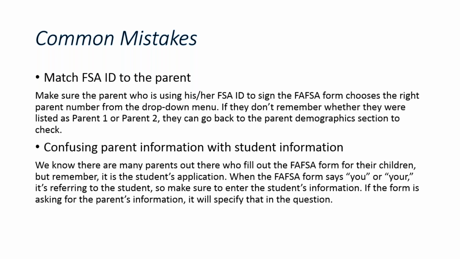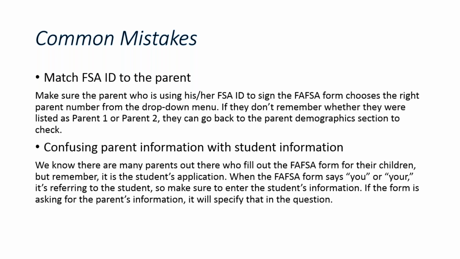Okay, so match the FSA ID to the parent. So the parent who's using the FSA ID, because only one parent has to have that, make sure that they are selecting the correct one from the drop-down as far as when to sign it. If they don't remember which parent was listed as parent 1 or parent 2, you can always go back in the FAFSA and check.